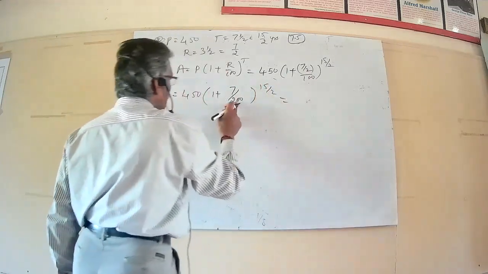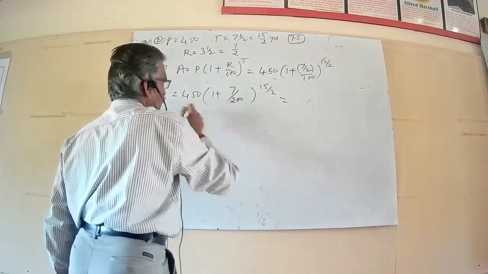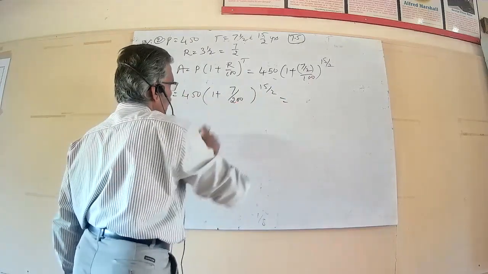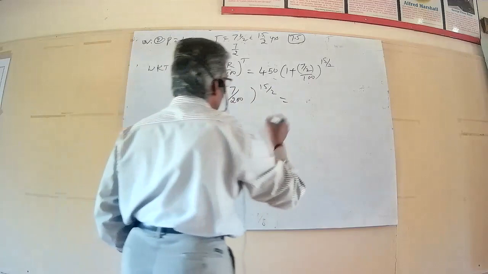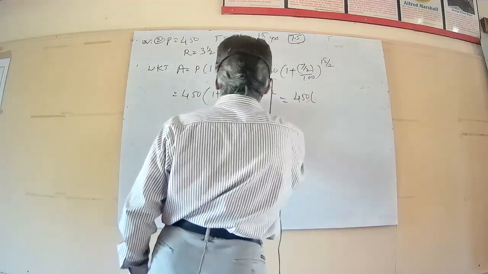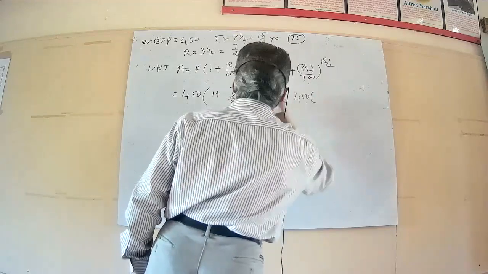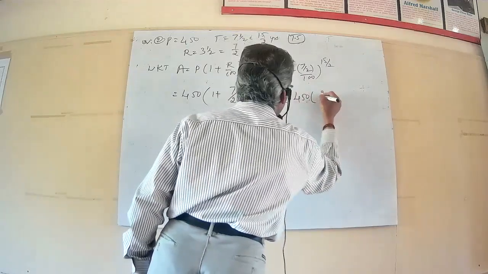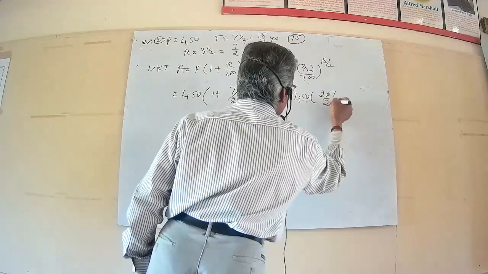This equal to 200 plus 7 is 207. Equal to 450 into 207 divided by 200.